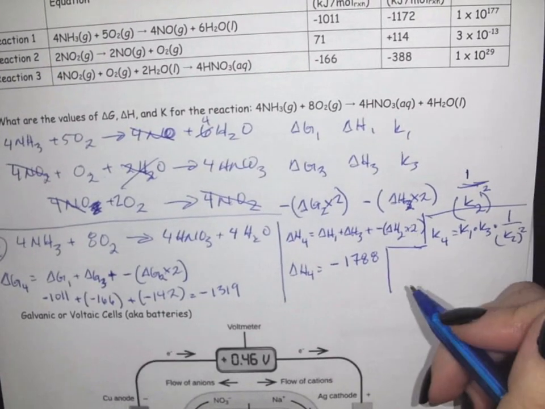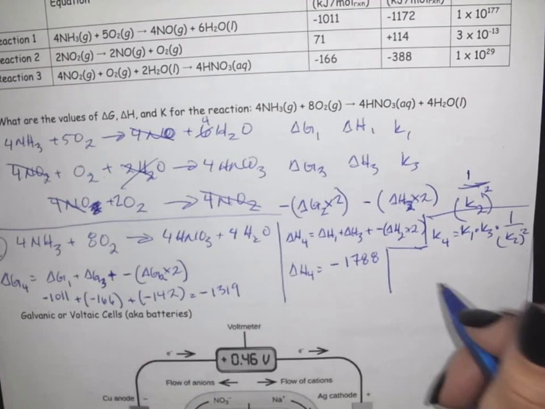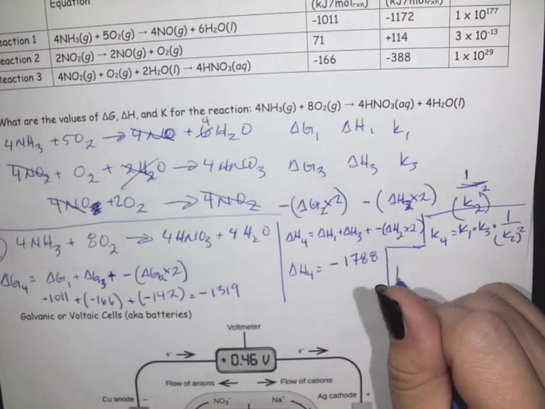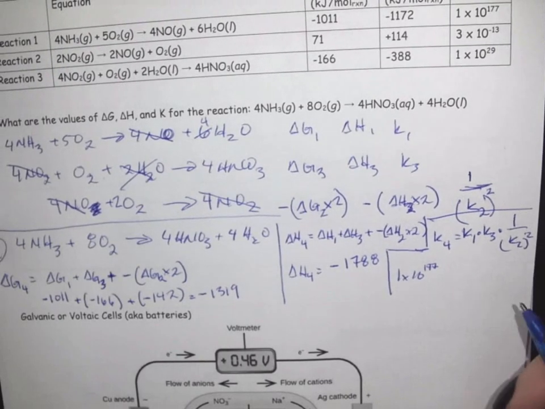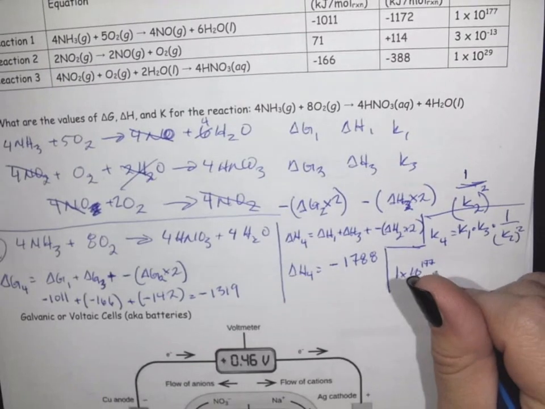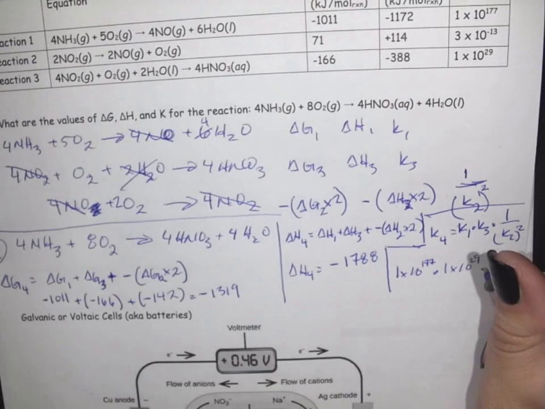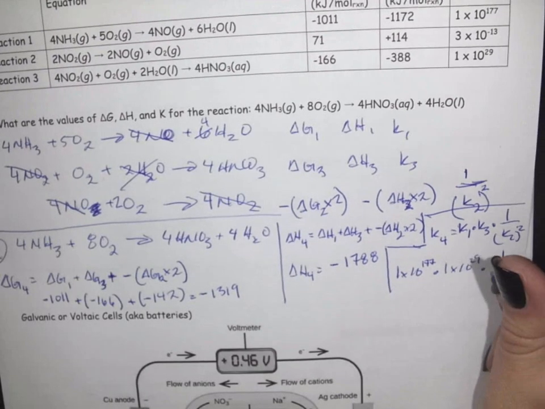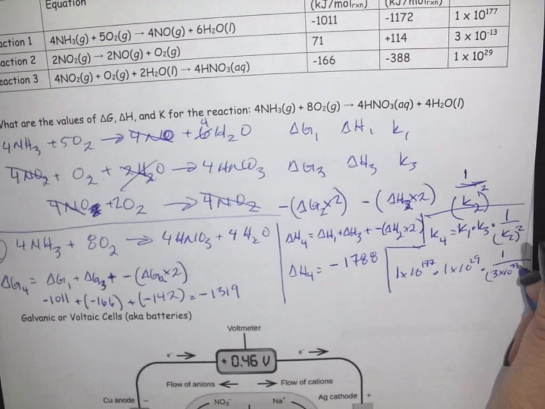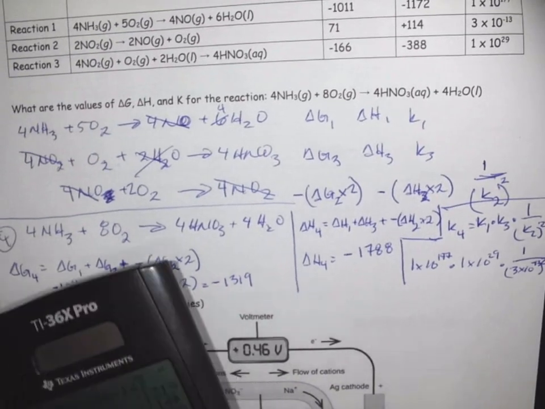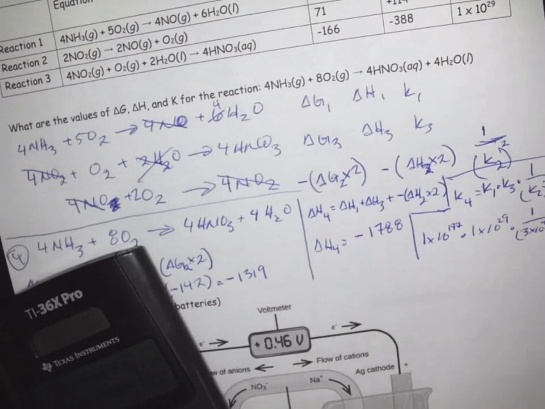So I would take, and my calculator might not like this because it's such big numbers, 1 times 10 to the 177th, and I'm going to times that by 1 times 10 to the 29th. And I'm going to times that by 1 over 3 times 10 to the negative 13 squared.